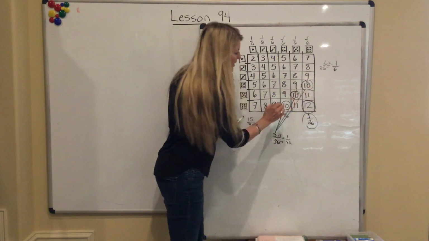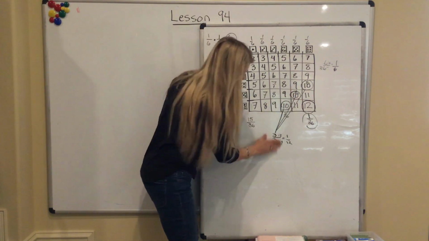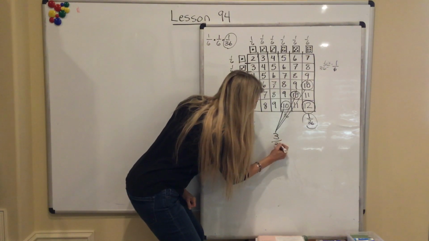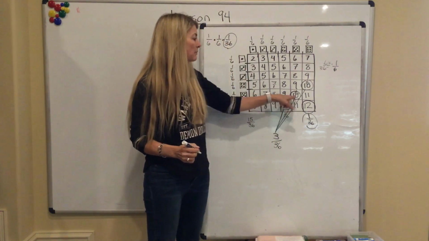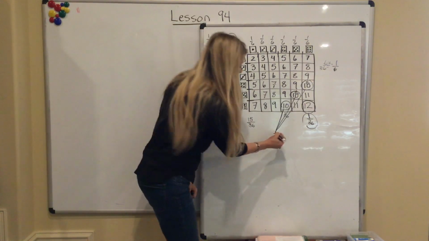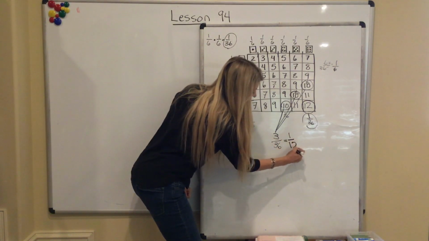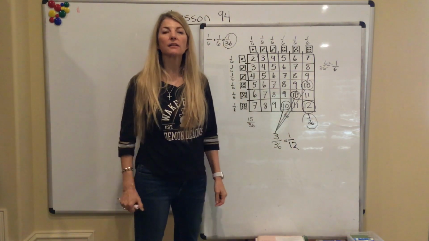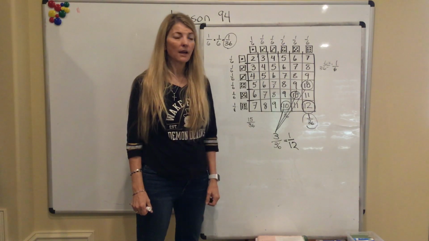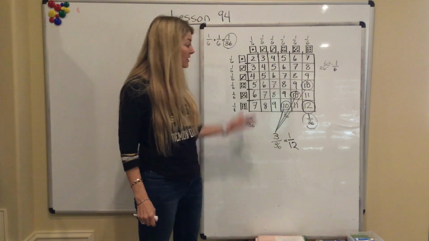So 1/36 plus 1/36 plus 1/36 would give me 3/36 as the possibilities that would result in a 10 for rolling the dice. And then if I reduce 3/36, I can reduce that to 1/12. So then what's the likelihood that I would roll a 10 when I throw 2 dice? 1/12.